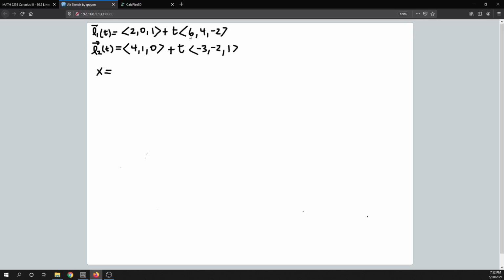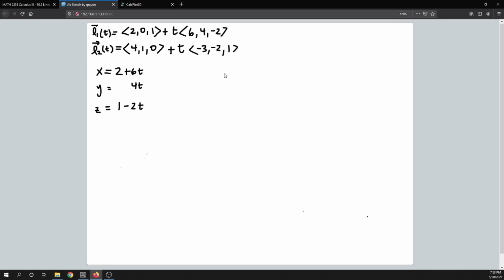We have y equals 0 plus t times 4, so that's going to be 4t. And we have z equal to 1 plus negative 2t, so 1 minus 2t.